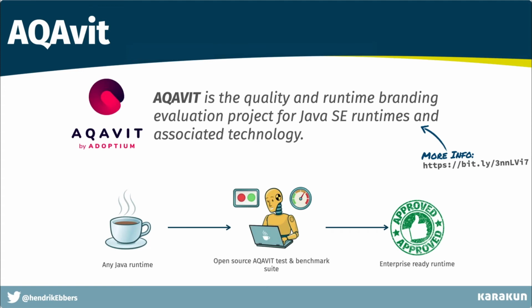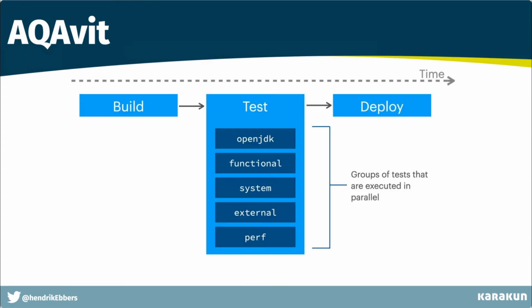Okay, and for AQAvit, we have different kinds of tests that are executed. So when having a look at AQAvit, you can find five different groups of tests. All those tests can be executed in parallel to make the test faster. And we have OpenJDK tests. Those are tests that are part of the OpenJDK.